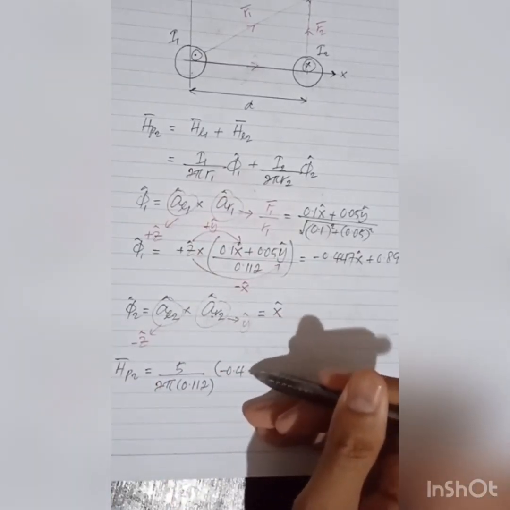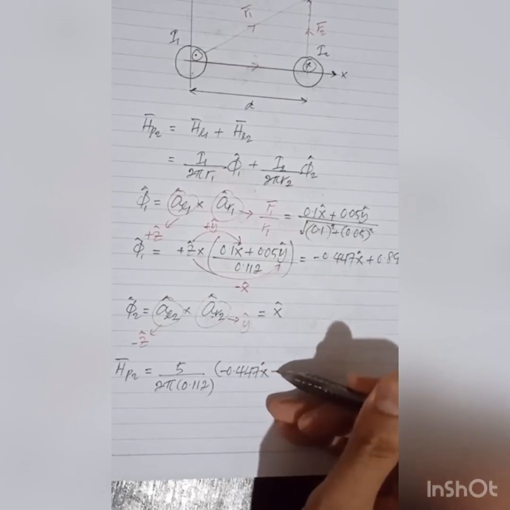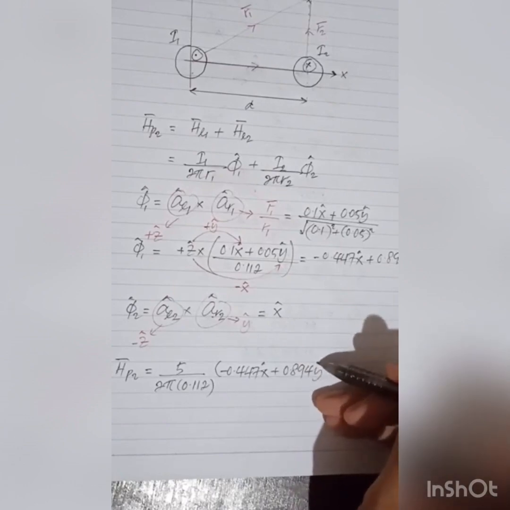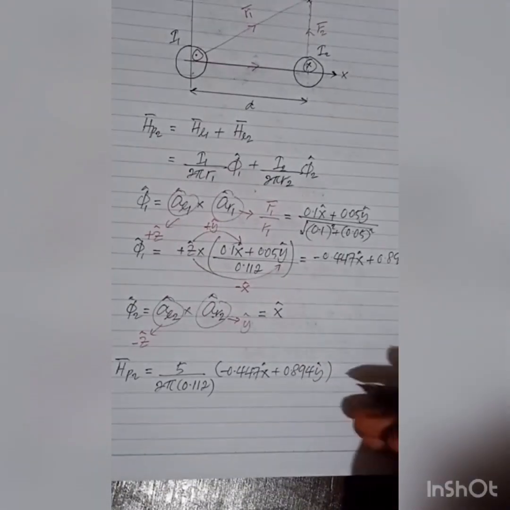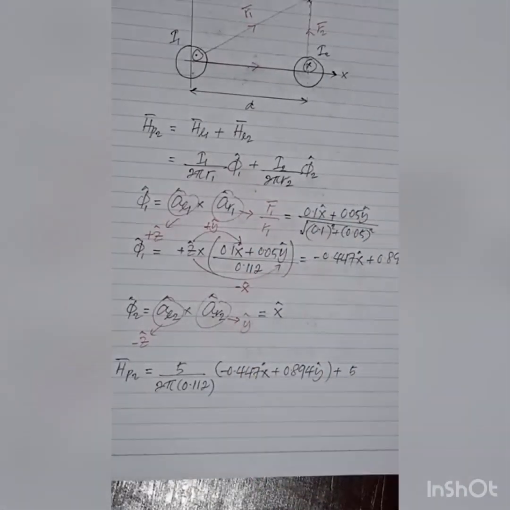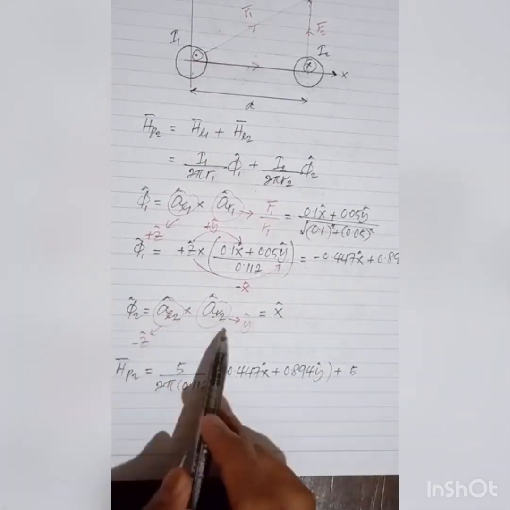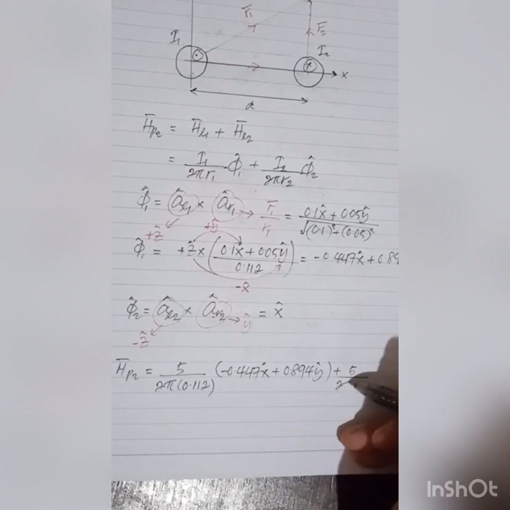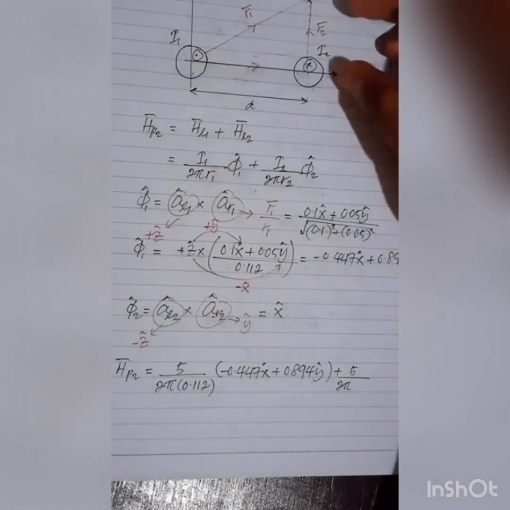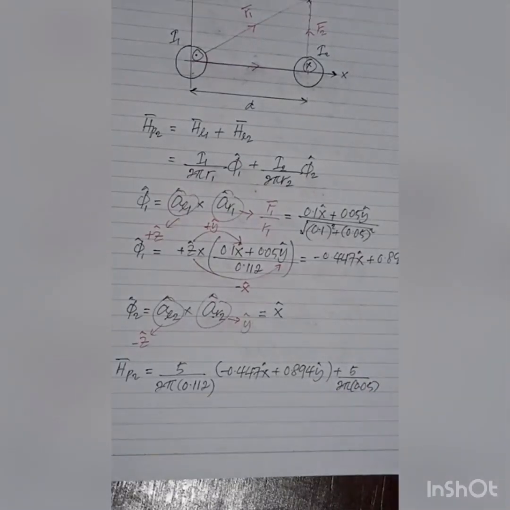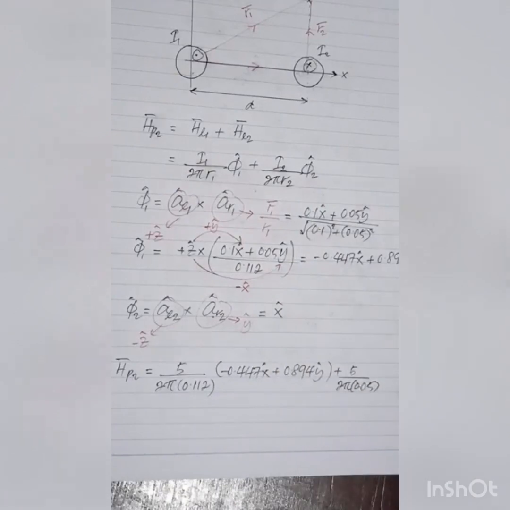Negative 0.447 x plus 0.894 y component, and again plus the second term, where I2 is still 5. We just take the magnitude because we have already accounted for the direction in the z minus z operation. So the 5 over 2 pi and the length R2 becomes 0.05, and the phi 2 now becomes positive x.